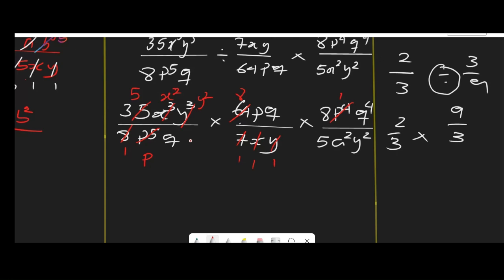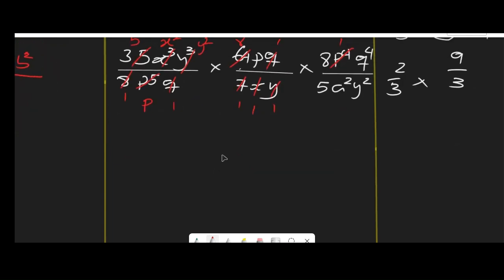We can cancel more. Let's see this one, q. And out of this q, we can still do that. So q here 1. It goes into this one. 1. Okay. 5 can go into this 5. But I want us to write what we have at the moment. And then we continue from there. So let's do that. Let's write what we have at the moment.